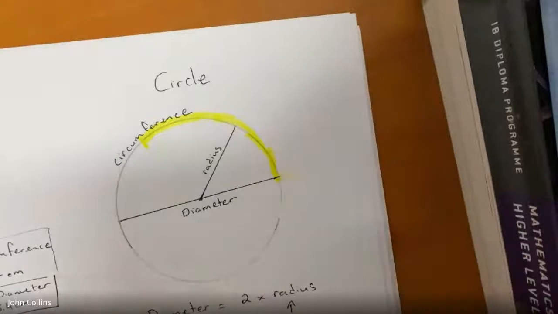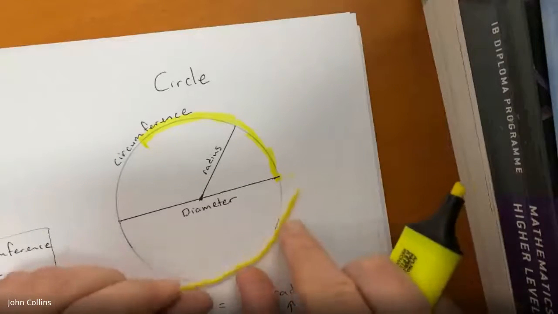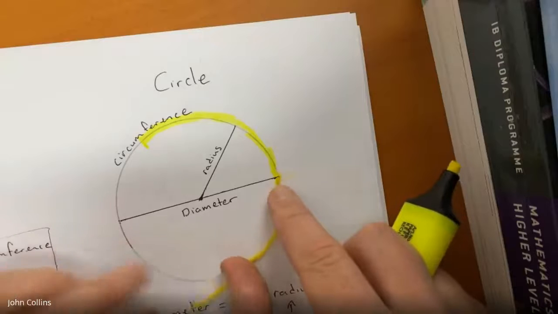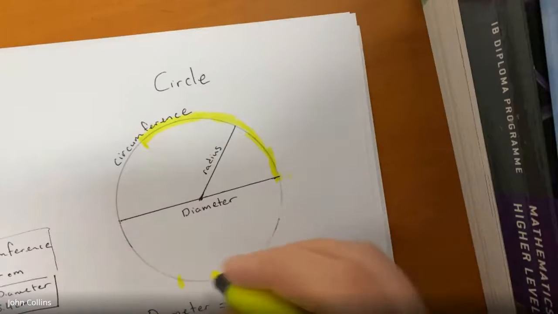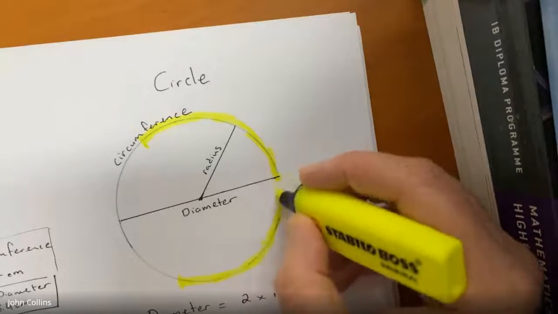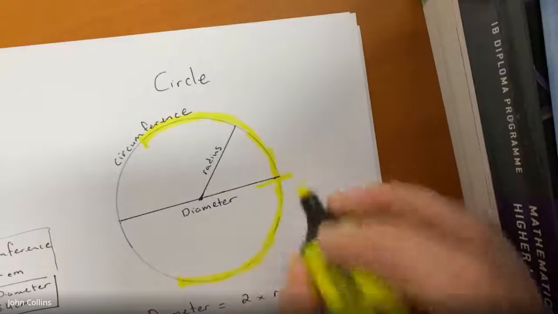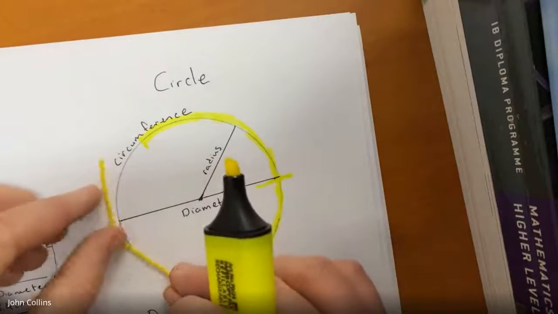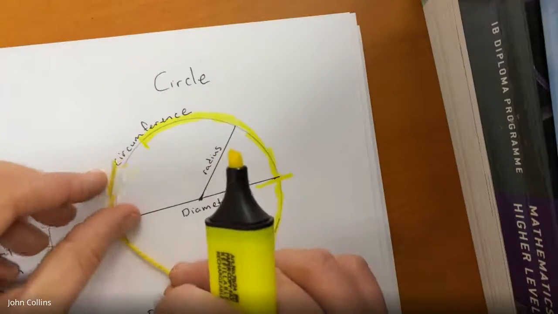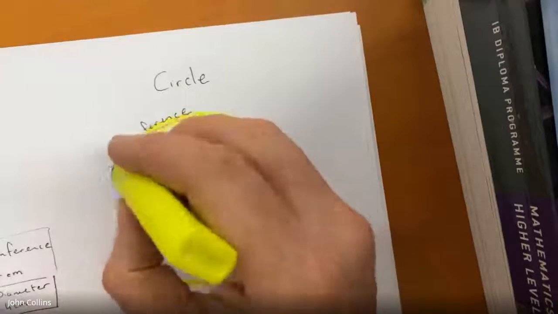Well, let's see. That's once. Around to there is twice. And around to here doesn't quite make 3 times around.